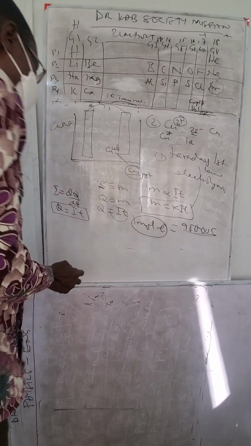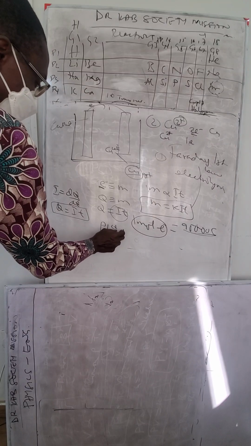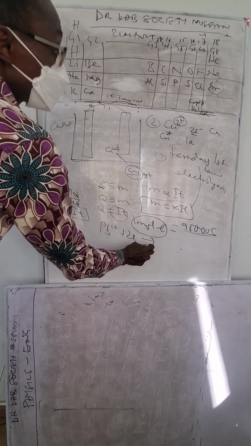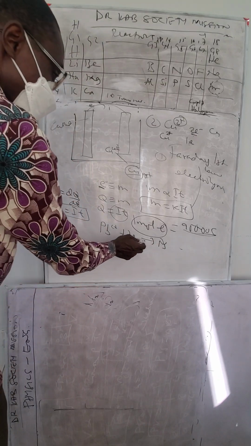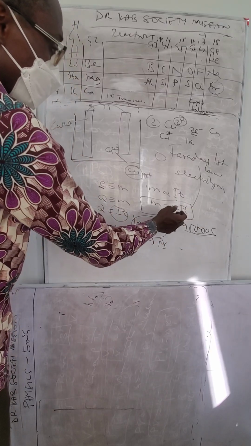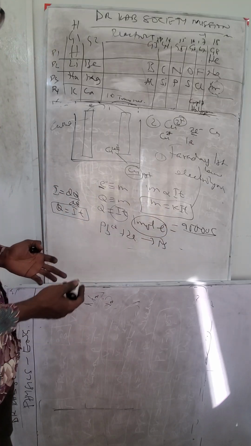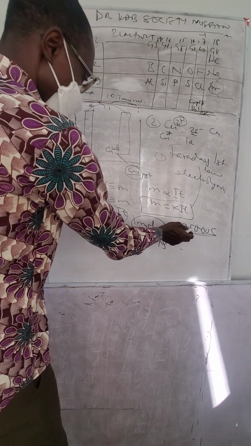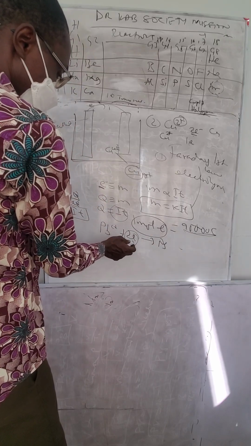Let's say Pb 2+ plus 2e goes to what? Pb. If you know the charge that has flowed through the circuit for a long time, you can estimate the number of moles of electrons there.